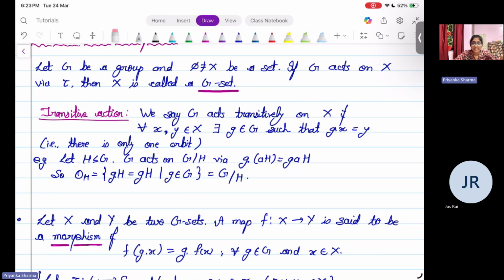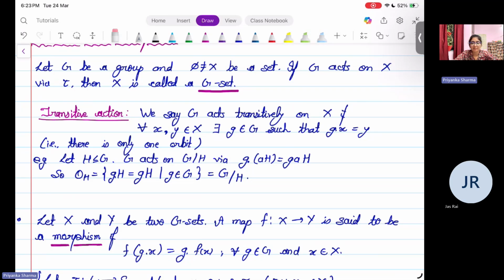That is, for any given pair X and Y in the set X, we can always find an element of the group by which we can get another element.